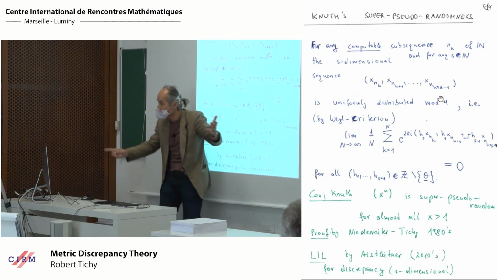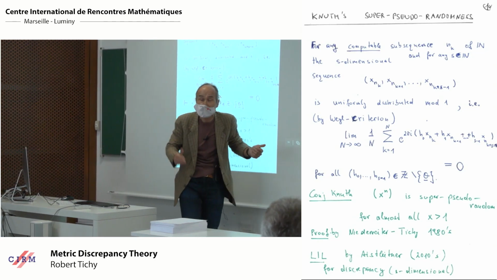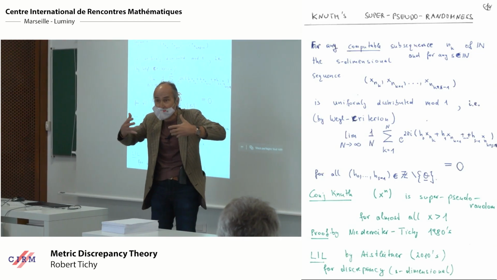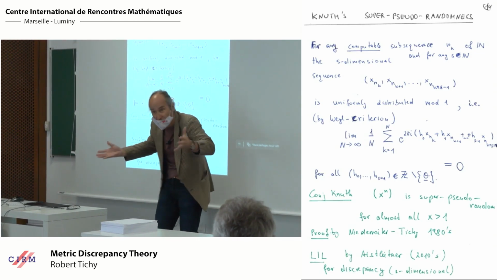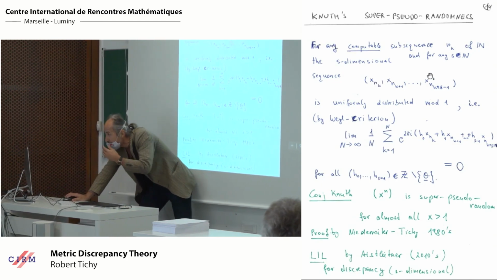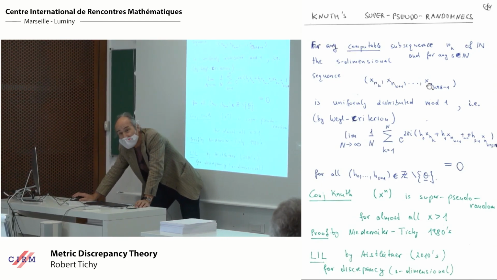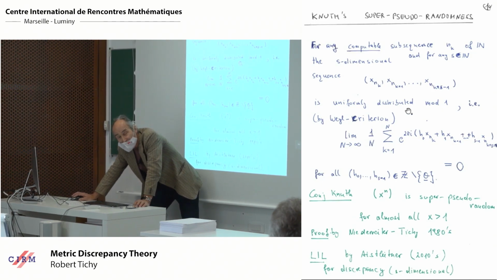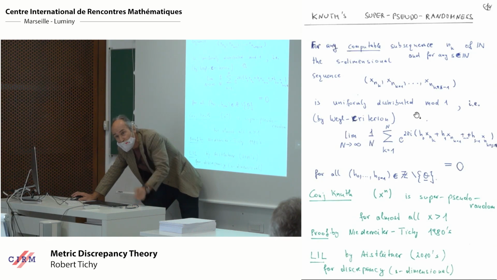If I count these blocks, as Manfred did, I check normality in some sense. Of course, my sequences are real numbers. The x_n are real numbers. Manfred only checked digital sequences, so the alphabet was 0 to b minus 1.